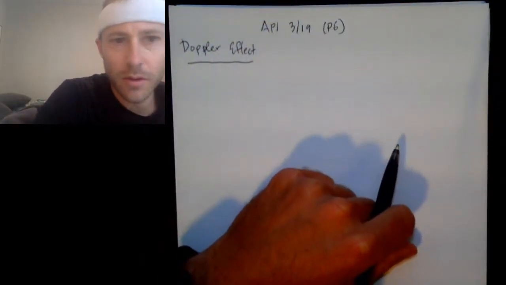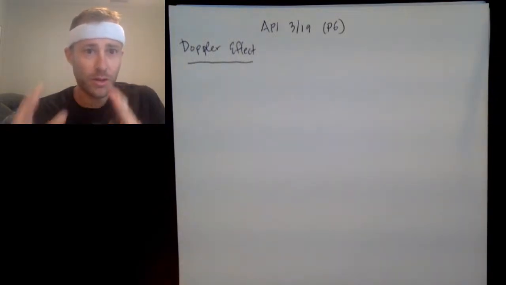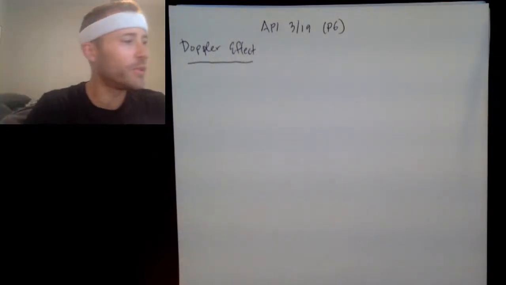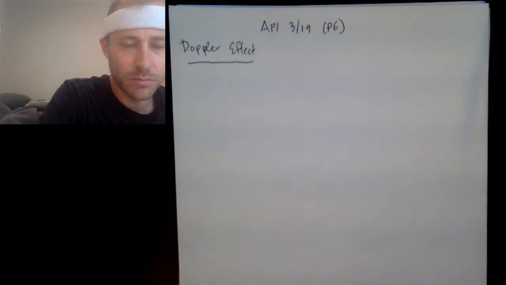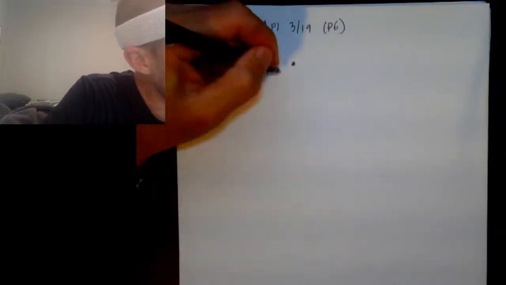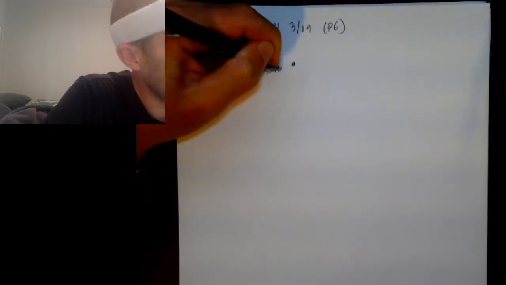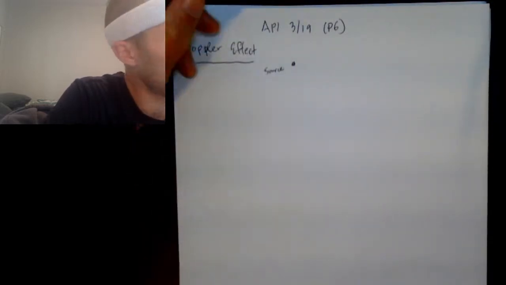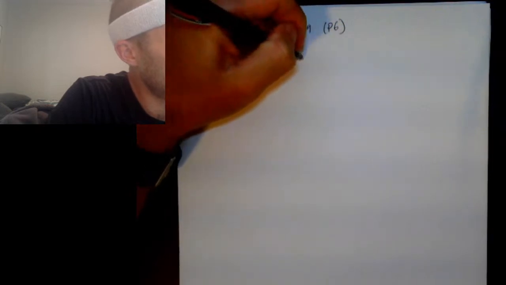So before I say what the Doppler effect is, I just want to describe the scenario in which you encounter the Doppler effect. So you have a source of a wave. And so the source is emitting waves.